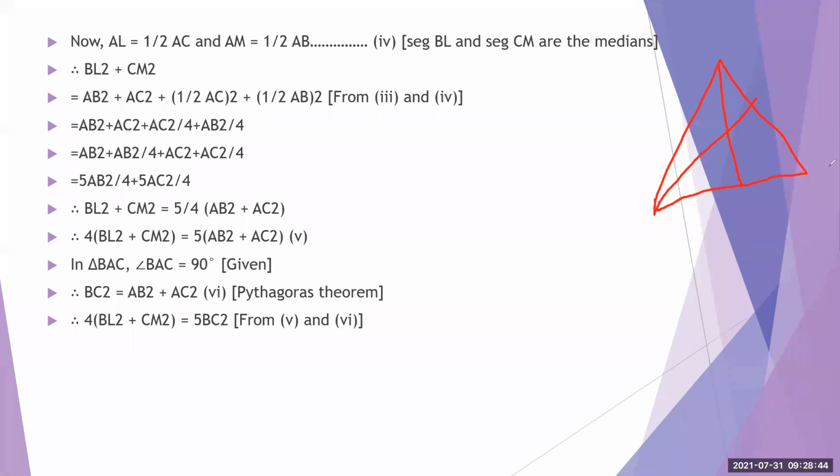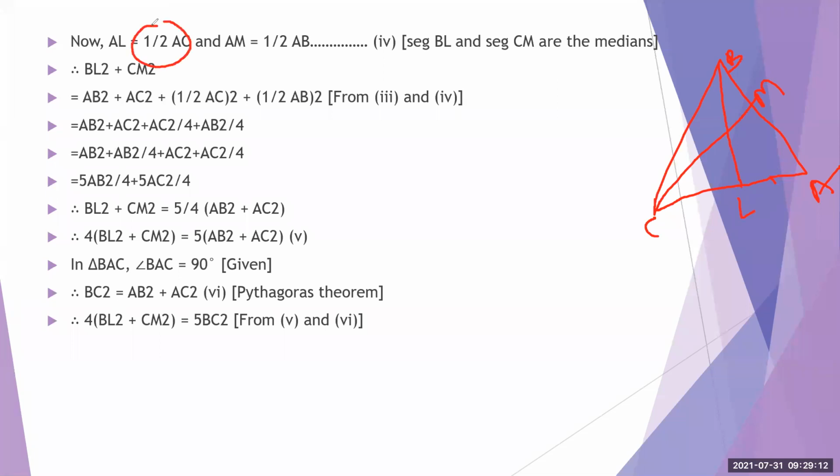This was your A. This was your B, right? Now AL, this AL is half of AC. Why did we take this? Because we had AL square there. Yes, so we are taking the value of AL is equal to half of AC.